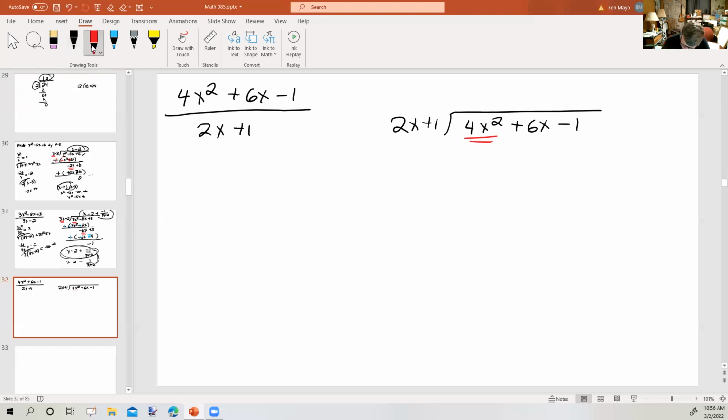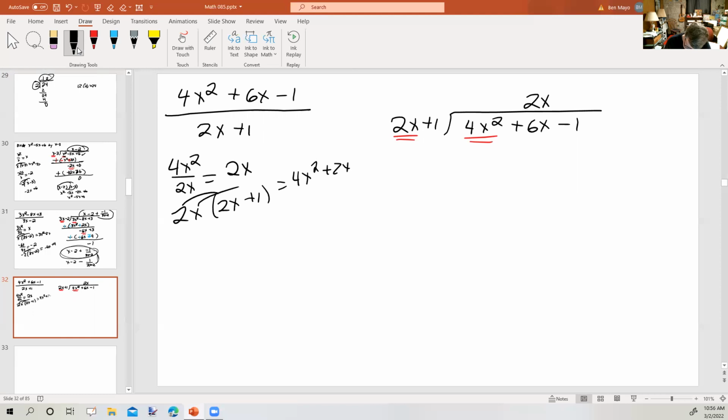We're going to take the leading term inside divided by the leading term outside. 4x squared divided by 2x would be 2x, which goes there. We're going to take 2x times the divisor, 2x plus 1, which gives us 4x squared plus 2x. So 4x squared plus 2x. We're going to subtract that quantity from what's up above, but we'll change it to addition of the opposite.